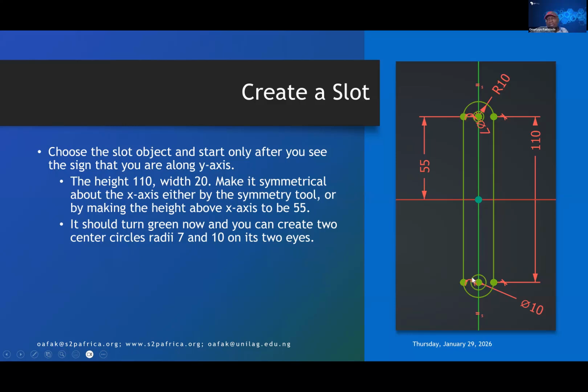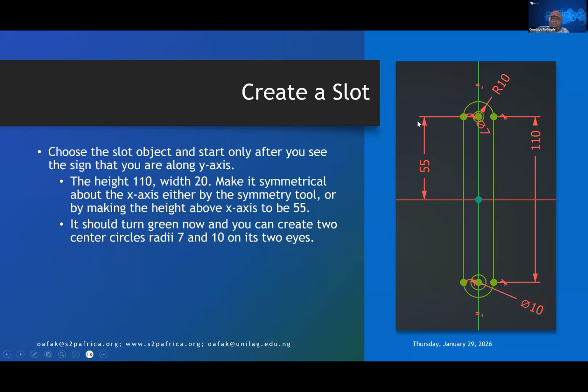When you do that, you have this. Then in the two eyes of the slot, you make a circle of radius 7 and another circle of diameter 10 here. Once you do that, you can see that everything here is turning green. You'll be thinking, I didn't cheat, I didn't cook it. It actually turned green.